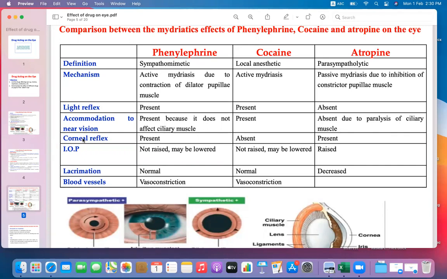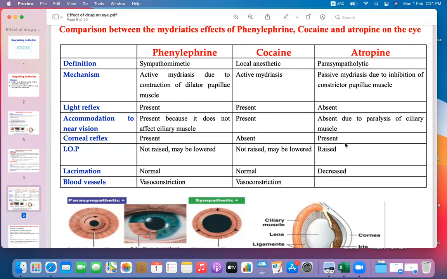And if upon this cotton thread stimulus to the cornea the rabbit closes its eye, we can say the corneal reflex is present and the given drug is phenylephrine. So this is the main difference.